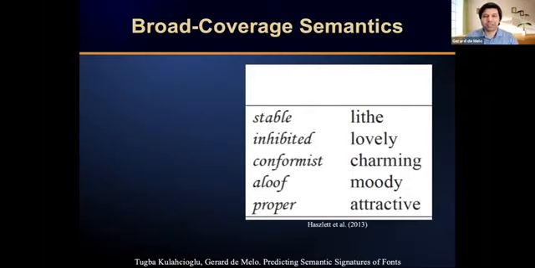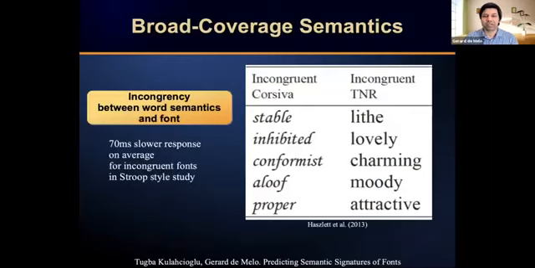This is actually from a study where they showed people words using fonts that didn't quite correspond to the semantics of the word. So for words such as lovely, you expect the opposite kind of font in this case. This is referred to as incongruency. Basically, congruency means that the things associated with the font match the semantics of the word.